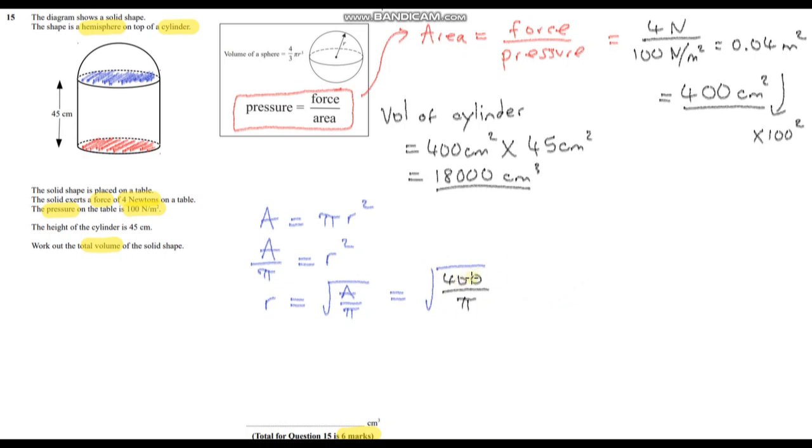Okay. So now we know the radius, we can work out the volume of a sphere. So let's just imagine this was a sphere. Let's work out the sphere first, and then at the end we can just halve our answer.